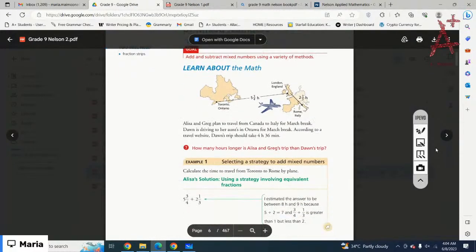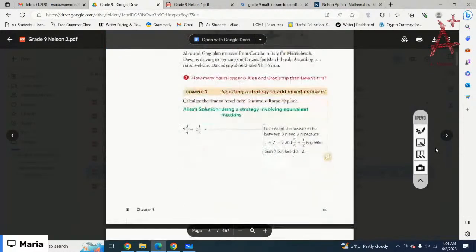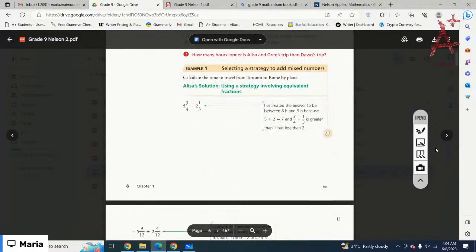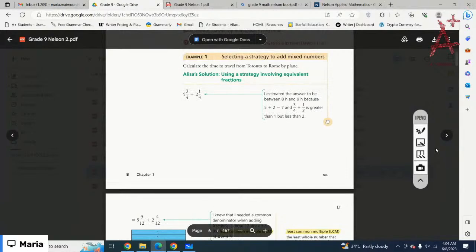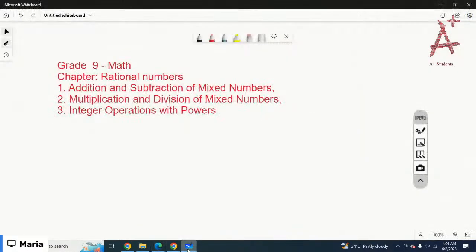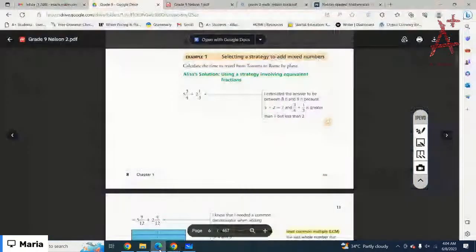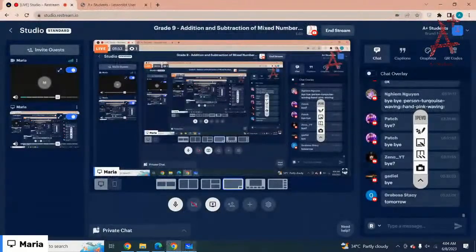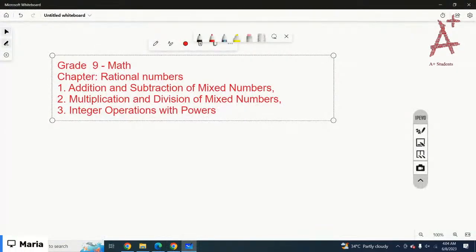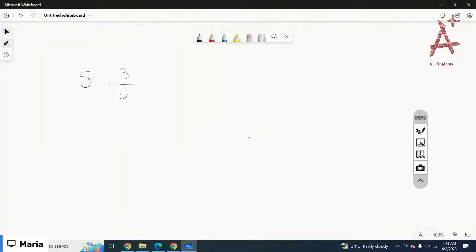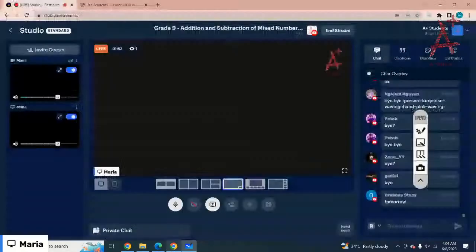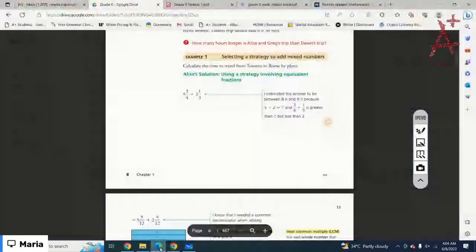First example. Okay, here you have to add 5 whole 3 over 4 and 2 whole 1 over 3. Got it? We have to add them. So 5 whole 3 over 4 plus 2 whole 1 over 3.